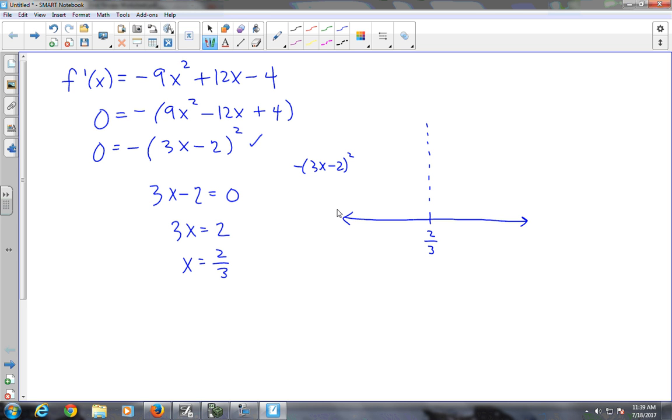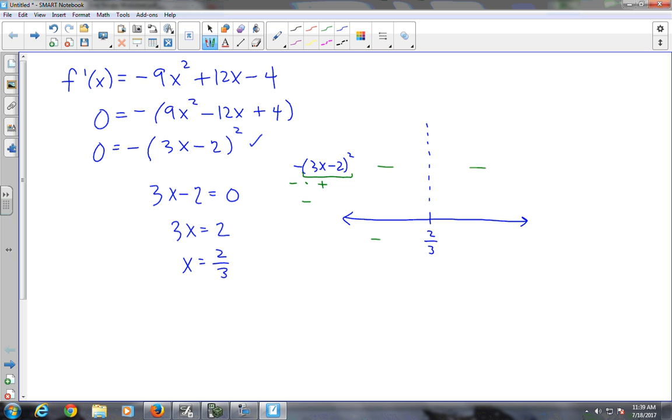When I square something, it's always positive, but if it always has a negative leading coefficient, it is always negative. If you want to see that in detail, pick out some test points, plug them in, and you'll find this is always negative.